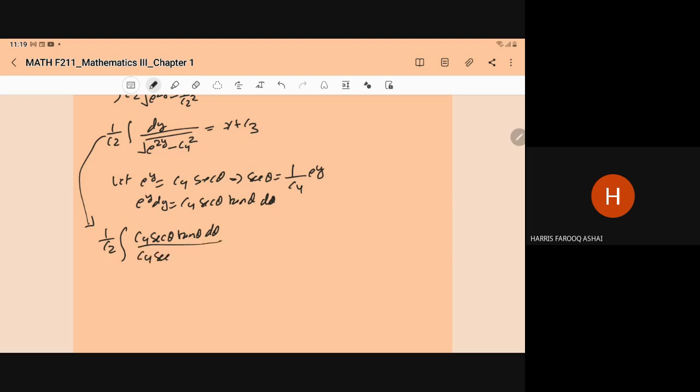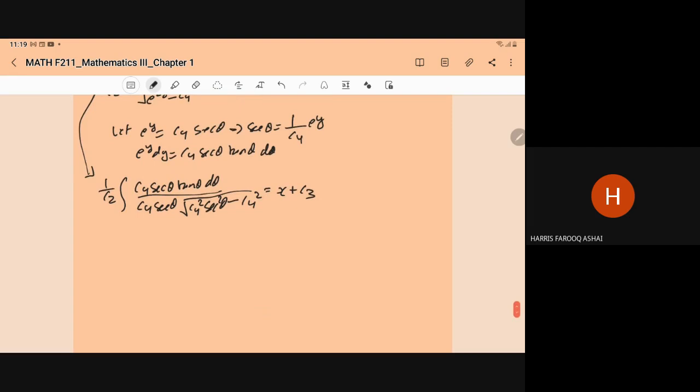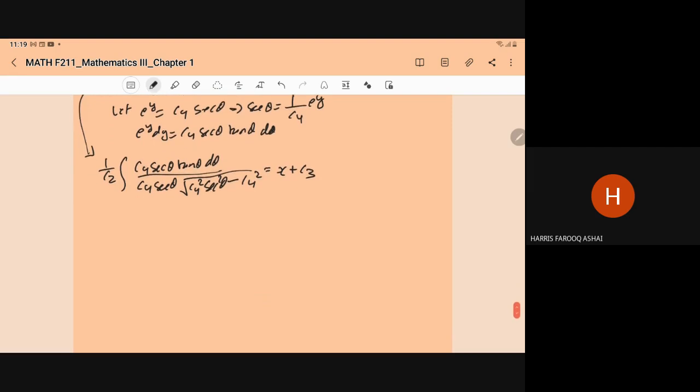So c4 sec theta, and inside here we have the e to power 2y, so that can be written as c4 square sec square theta minus c4 square, and on the right hand side we have this x plus c3.